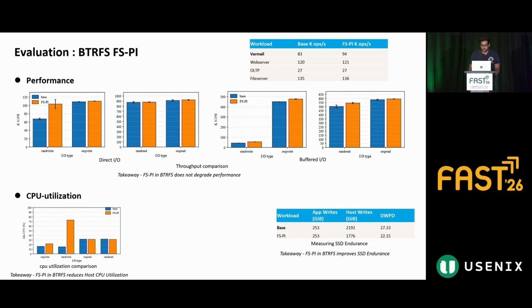Then we also compare the performance and CPU utilization, and we see that there is the most benefit in the case of random write workload because it suffers the most degradation from the checksum tree writes. For the other kinds of workloads, the performance almost remains the same as the base case.